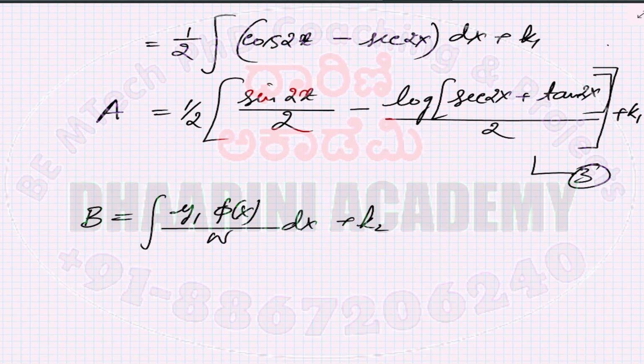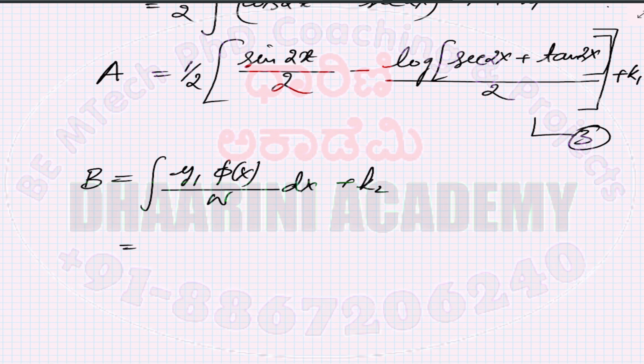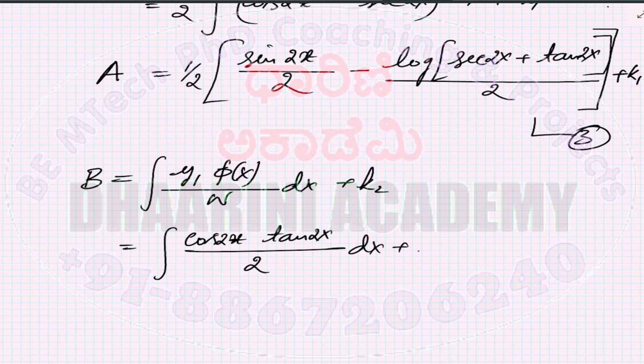So let us substitute the values. The integral, y1 is cos 2x, the phi of x is tan 2x, whole divided by the value of w, which is 2, so dx plus k2.